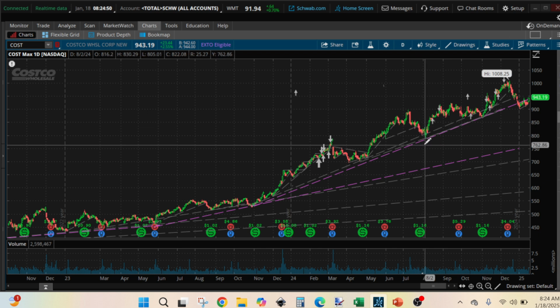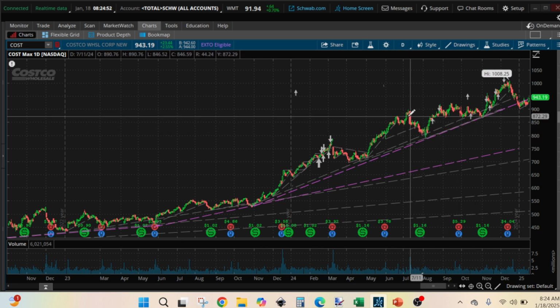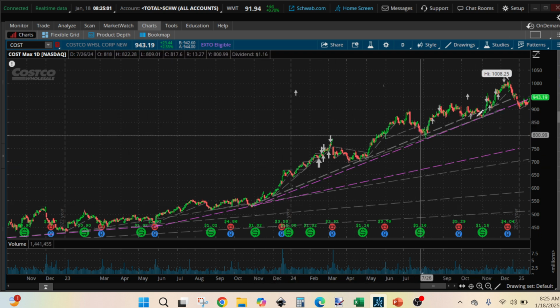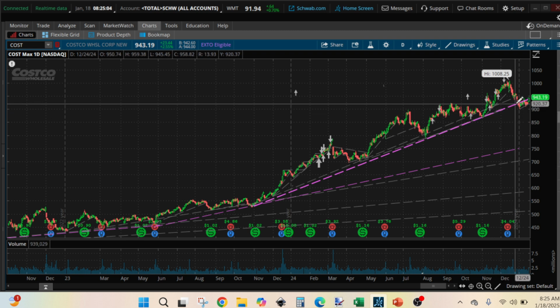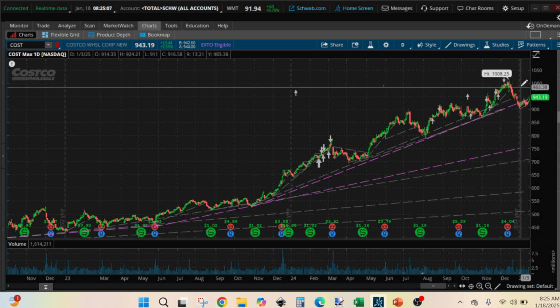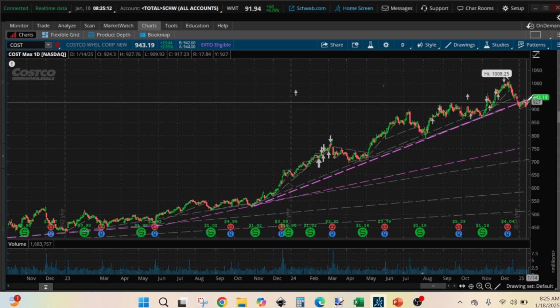And if it happens that the chart pulls back to it multiple times, then you know that that support line is valid. Depending on where the price is, if it's higher up, it could pull back to it.